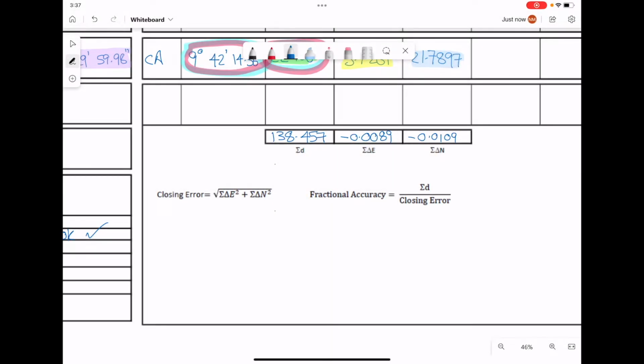First, we're going to calculate the closing error and the fractional accuracy of our survey to see how good our survey has worked out to be.